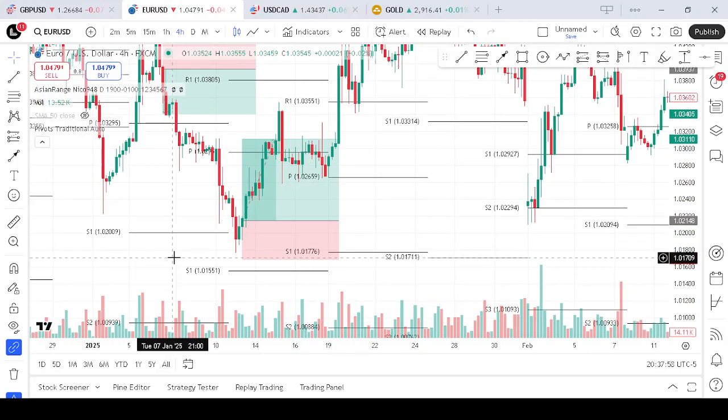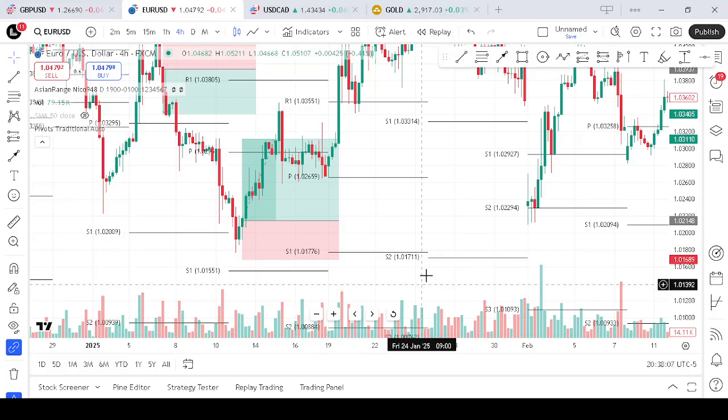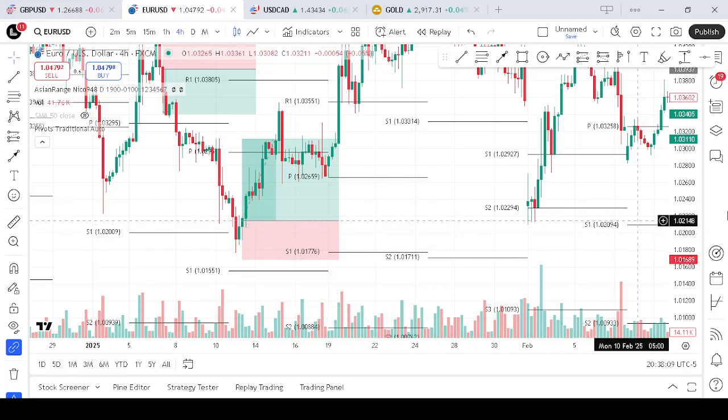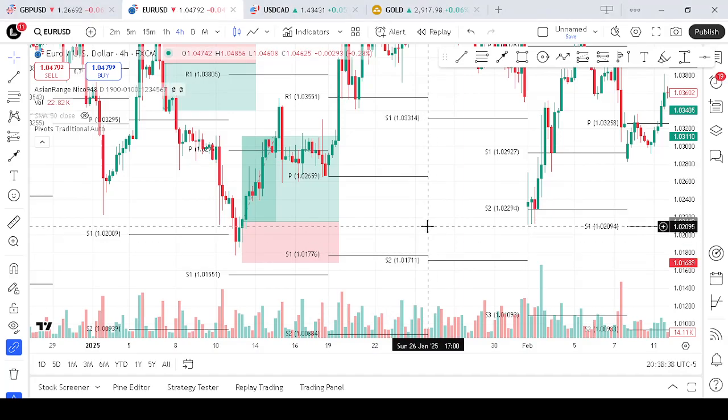Now let's look at how we can combine our pivot point with our moving average. This is another effective way of making use of the pivot point, by combining it with technical indicators, for instance, the moving average.